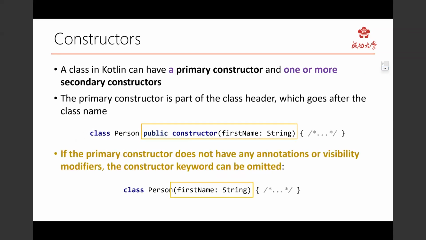Okay, and a class in Kotlin can have a primary constructor and one or more secondary constructors. Notice that here a class can have only one primary constructor. Although the primary constructor is optional, it can only have one primary constructor.